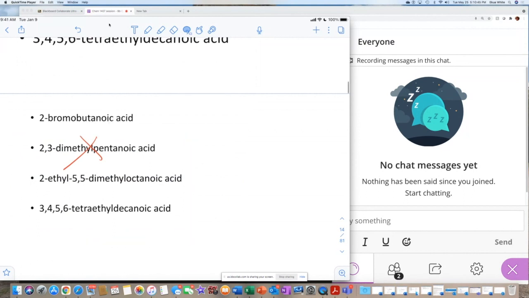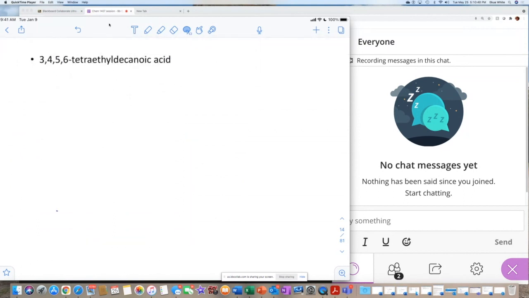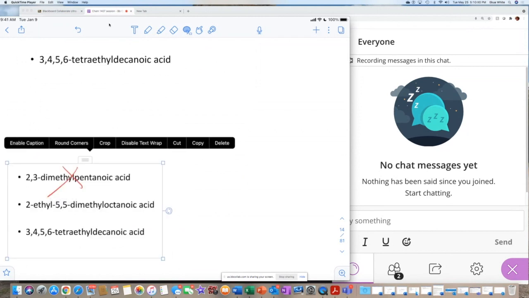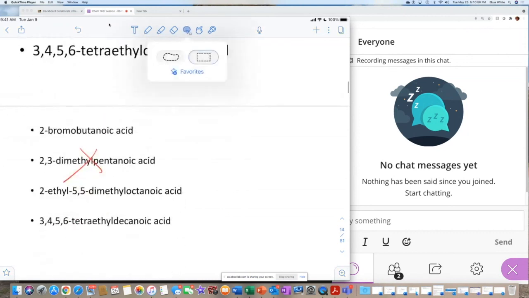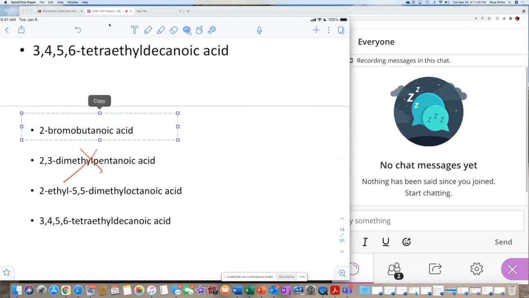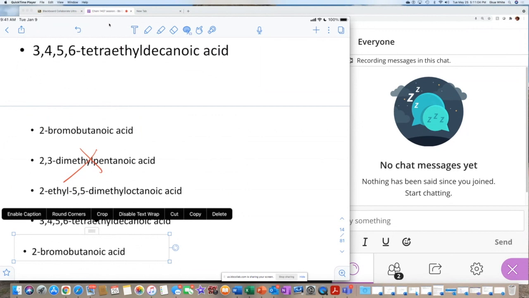Oh, this is just copy. It's not working the way I thought it was going to work. That's okay. Oh, I actually do want to do cut. Hold on. Let me just copy the regular way. It's not working very well for me. Copy that. Paste. And I can delete this whole thing.